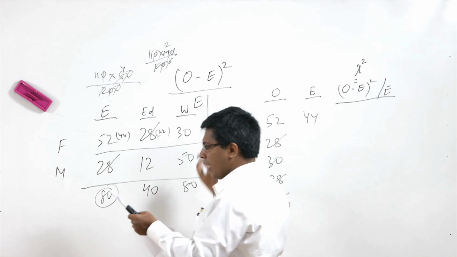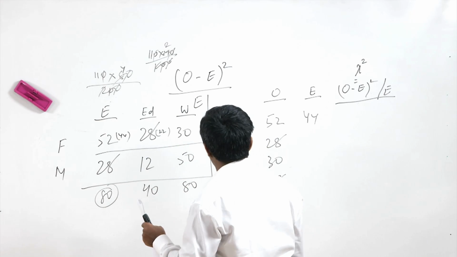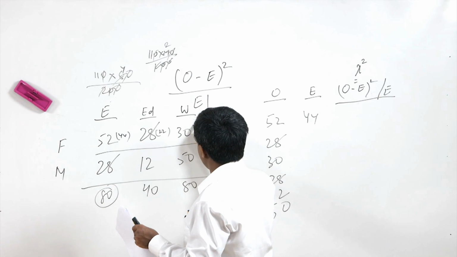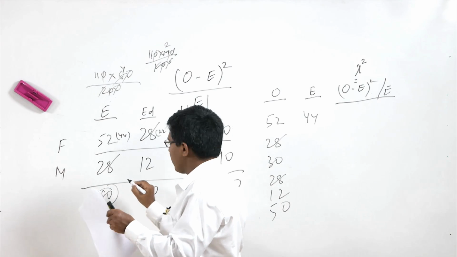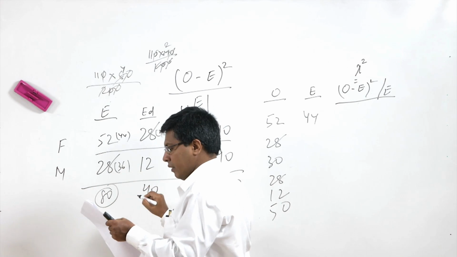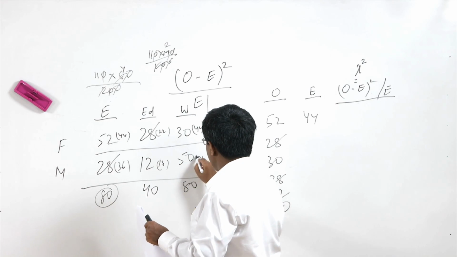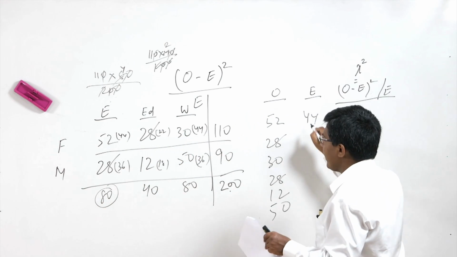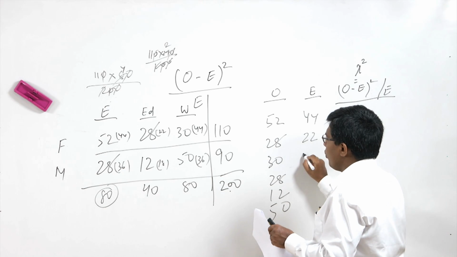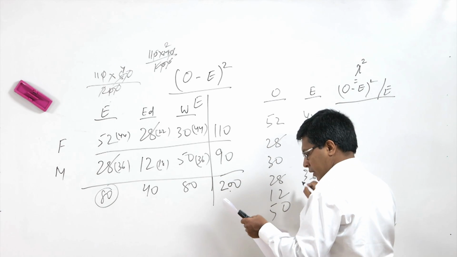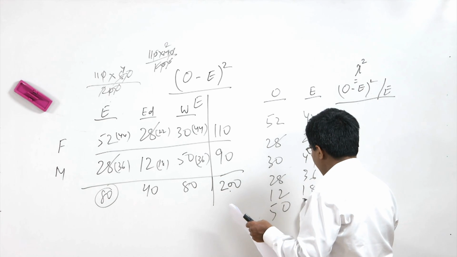Similarly, we can calculate for the others, and I have already done it. So, I am writing it here: 22, 44, 36, 18 and 36.